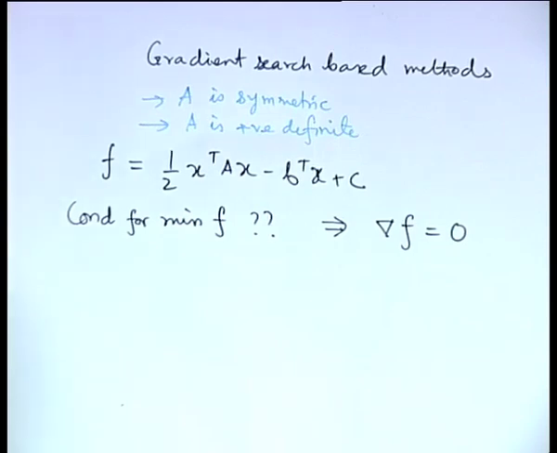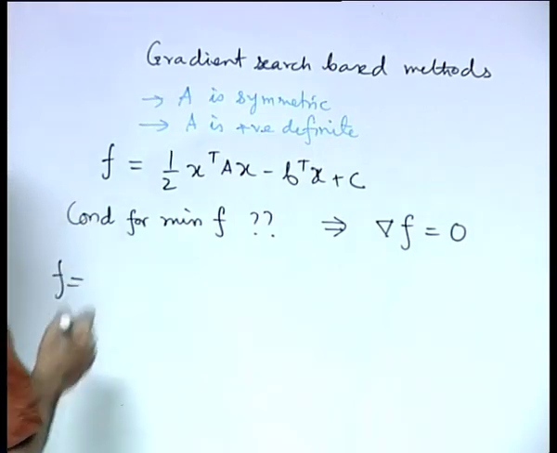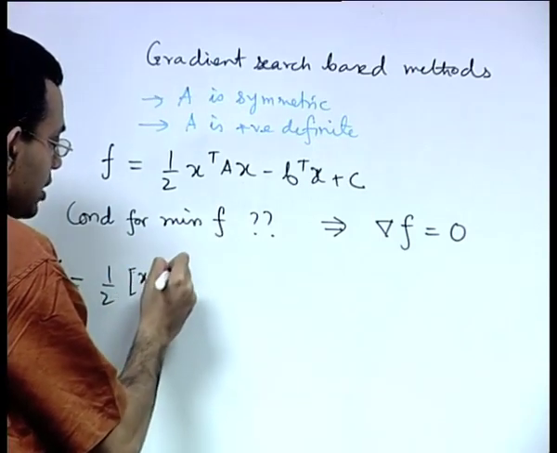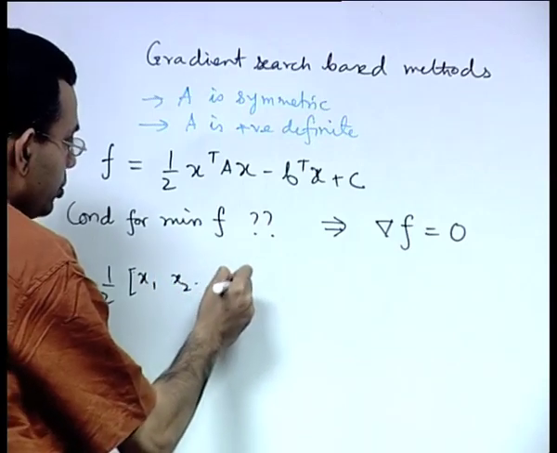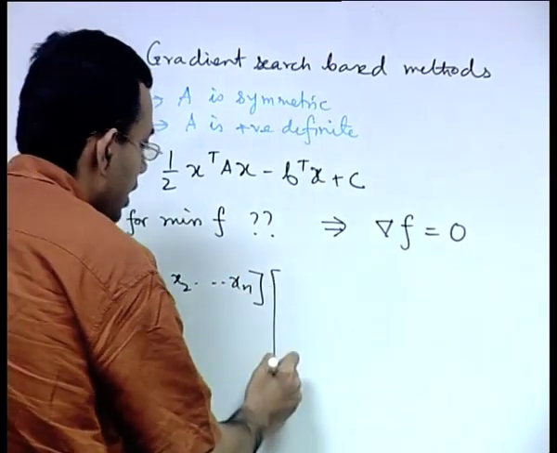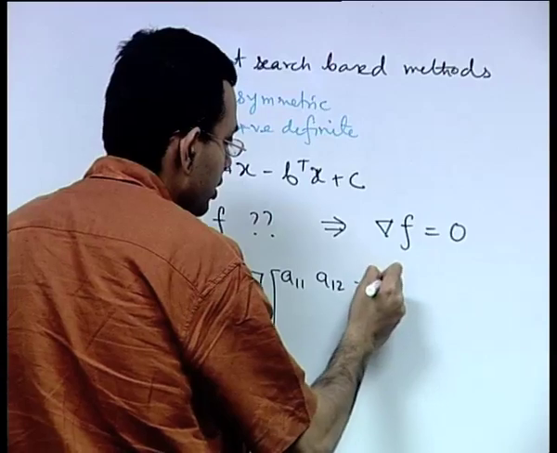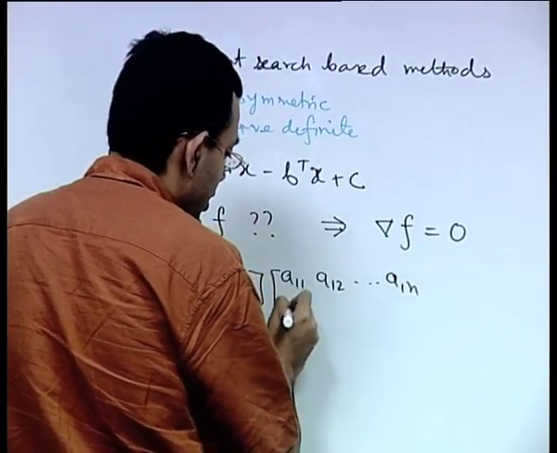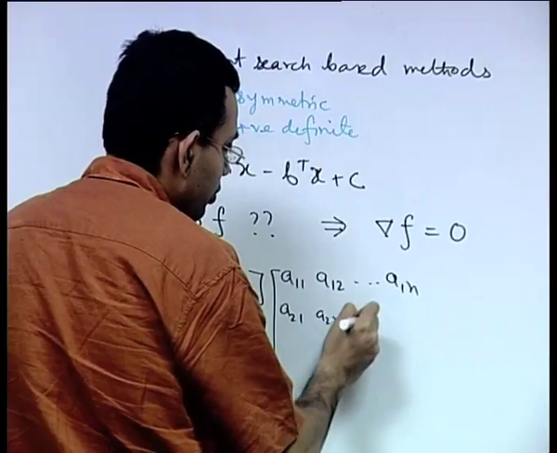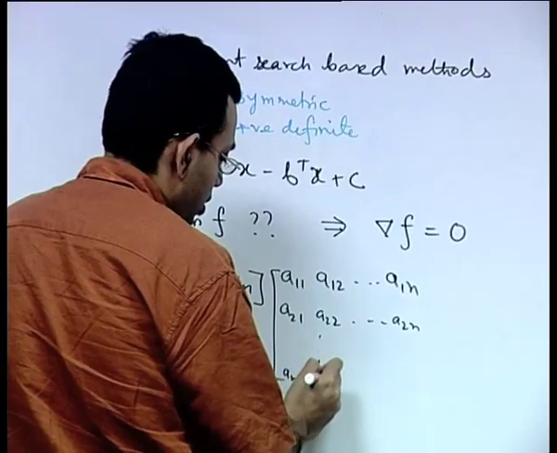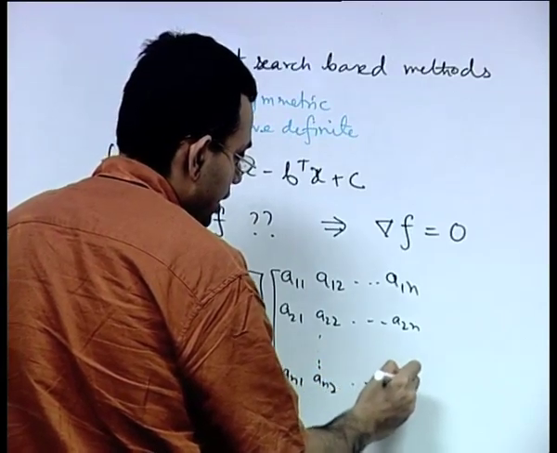Let us write in an expanded way what is f. So half x transpose will have x1 x2 in this way up to xn, then the matrix A with rows a11 a12 in this way a1n, a21 a22 in this way a2n, and an1 an2 in this way ann.